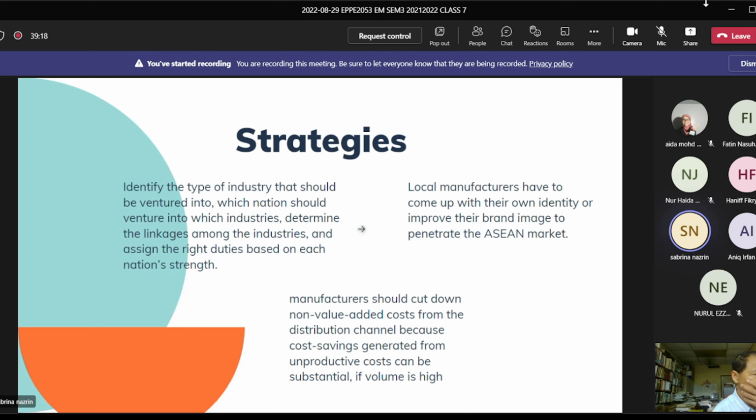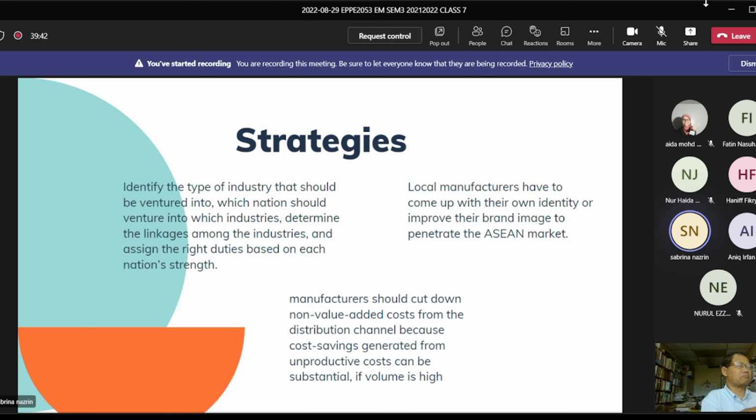For the strategy, using three strategies. The first one, identify the type of industry that should be ventured into, which is which industry the nation should venture into, determine the linkage among the industries, and assign the right duties based on each nation's strength.